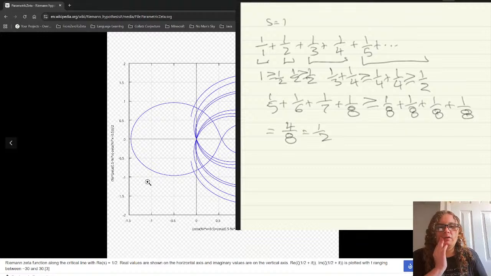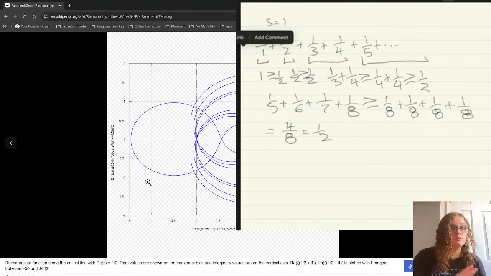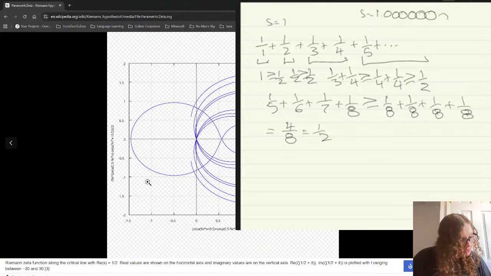Because if we make s any greater than 1 at all, we could make s equal to 1.00000000001, and it would still converge. But as soon as you hit 1, it doesn't, which implies that maybe there's a way to continue it past 1.